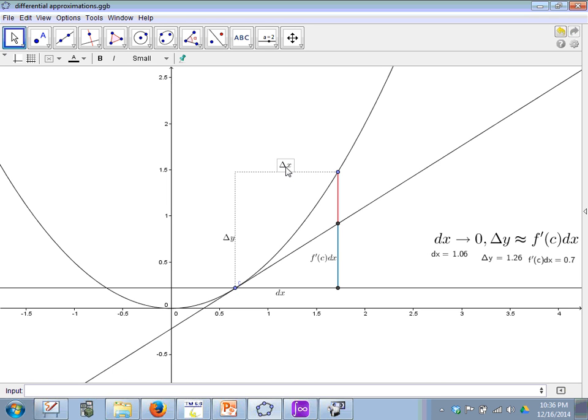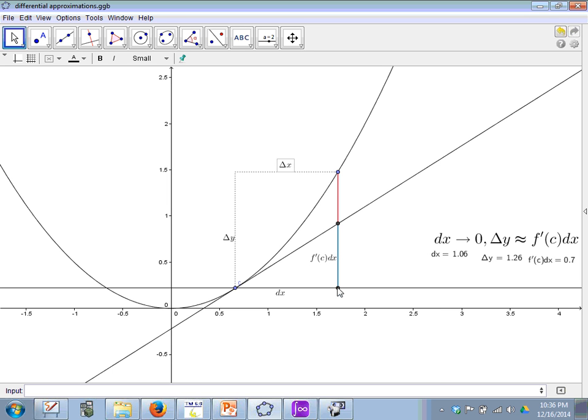Rather than saying delta x, down here I've got dx. dx and delta x are interchangeable. As I move from this point along to here, that's dx, the change in x, that's delta x. Then as I go from here up to here, notice I'm not going all the way up to the curve or to the function. That's why this is a different color.